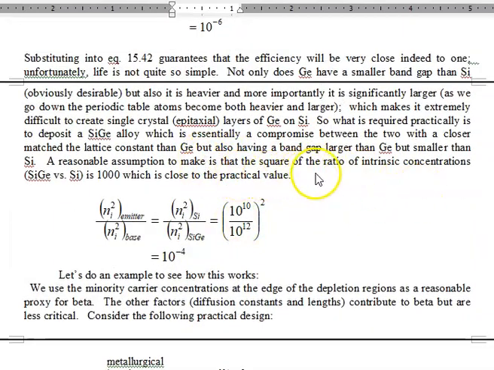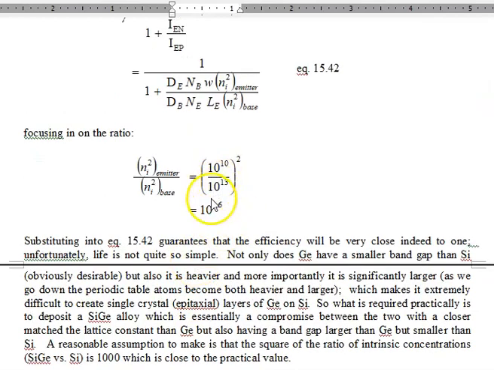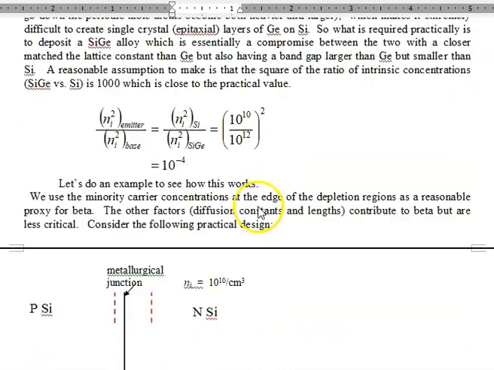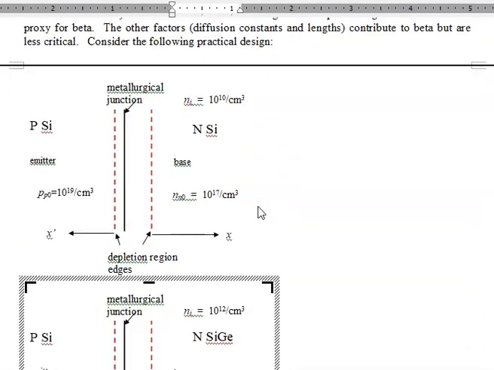So the square of the ratios of the intrinsic concentration is not 10 to the minus 6, but it's about 1,000, which gives, instead of 10 to the 13th, 10 to the 12th, and we get 10 to the minus 4 here instead of 10 to the minus 6, which is still pretty darn good.